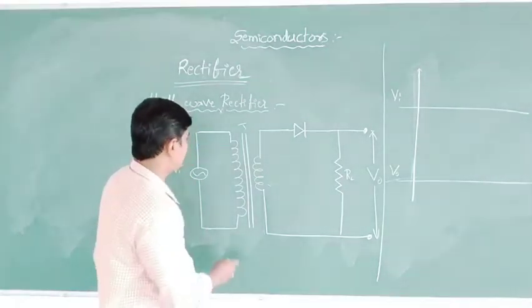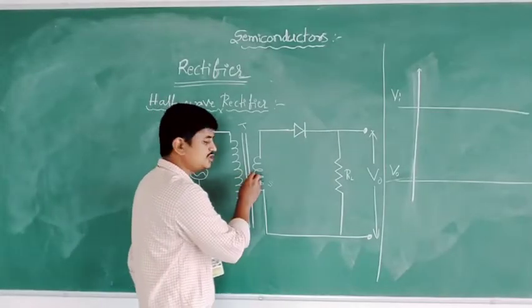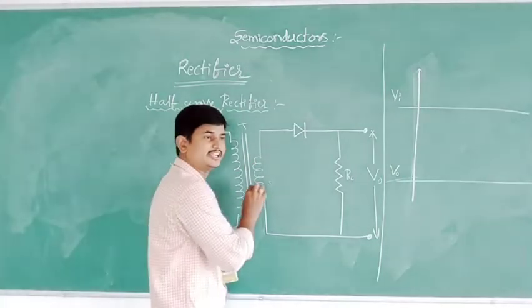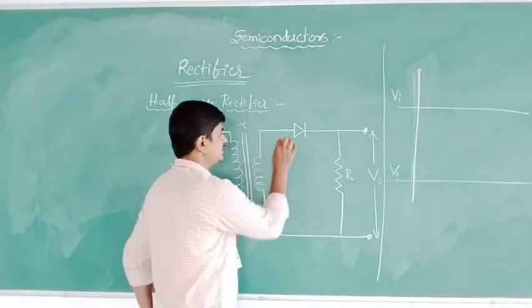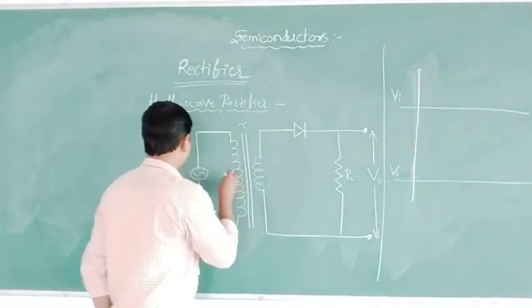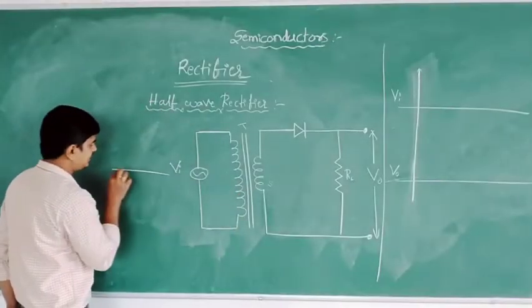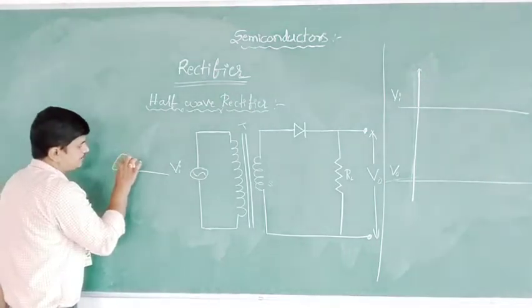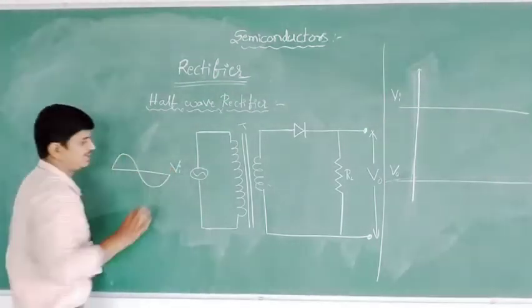That voltage we call the input voltage. The input voltage is an alternating voltage. One is the positive cycle, another is the negative cycle.